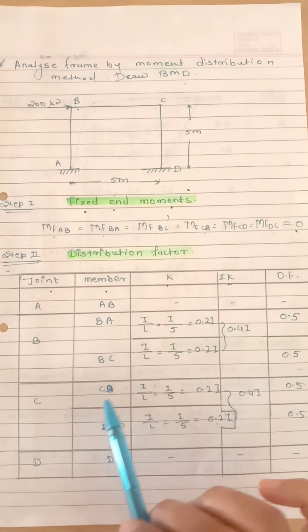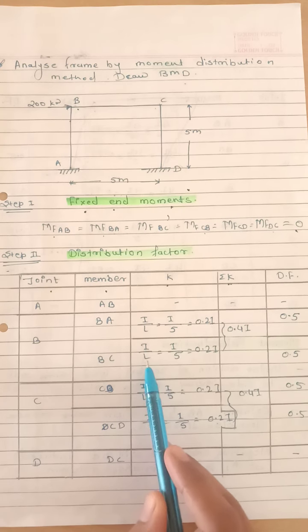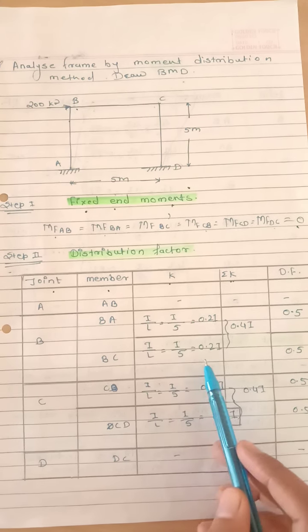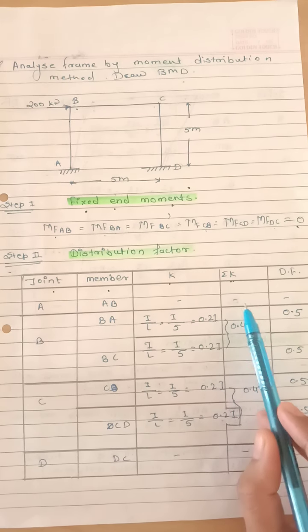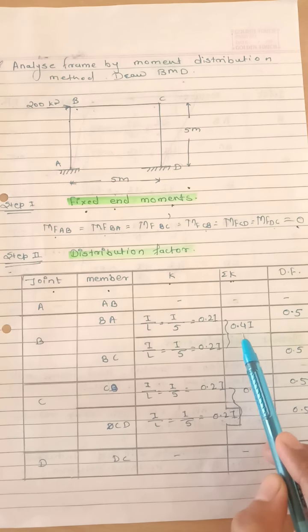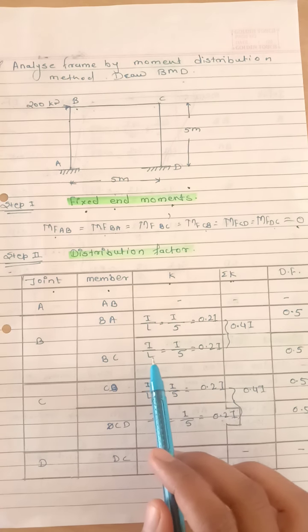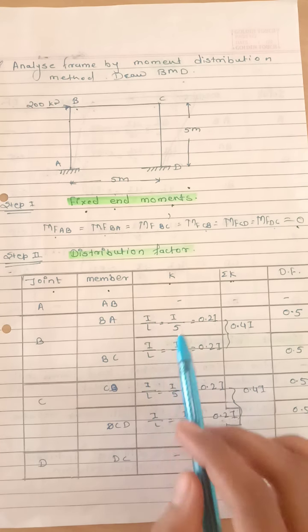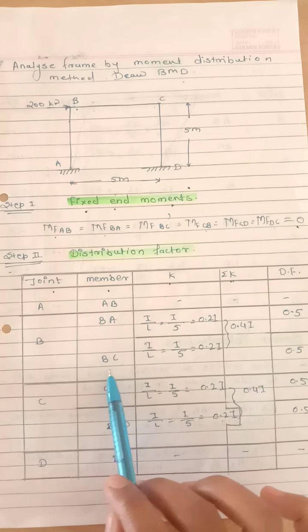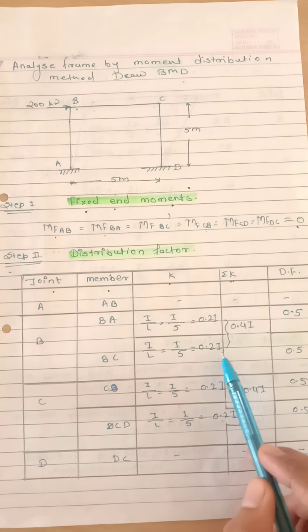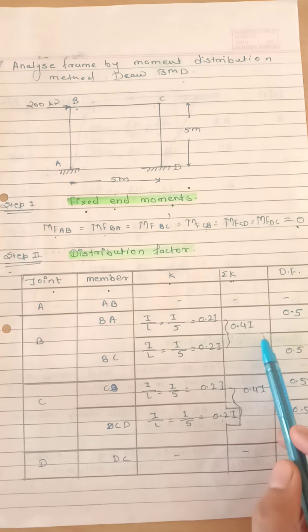Similarly for member BC, the same formula I by L, I divided by length 5 meter, same value. Then summation of K, the addition of relative stiffness for members BA and BC, is 0.2I plus 0.2I, which is 0.4I.